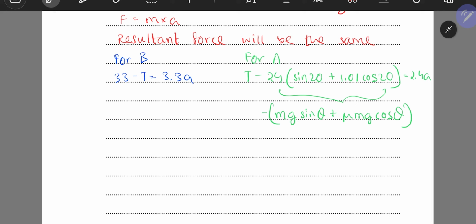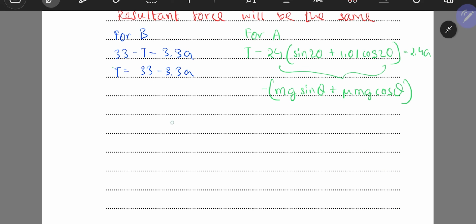So rearranging the equation to make T the subject, since I'll need the acceleration first. To make T the subject for B, T is equal to 33 minus 3.3a. And now I can just attempt to solve the equation. So 33 minus 3.3a minus 24 sine 20 plus 1.01 cos 20 is equal to 2.4a, right?